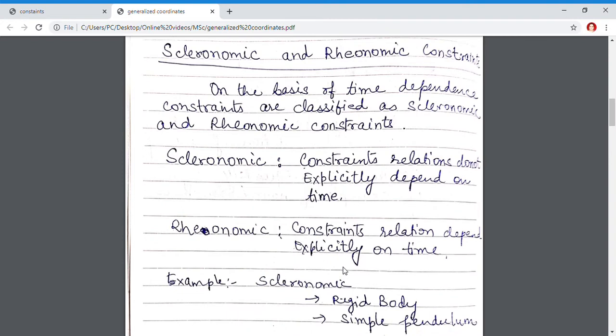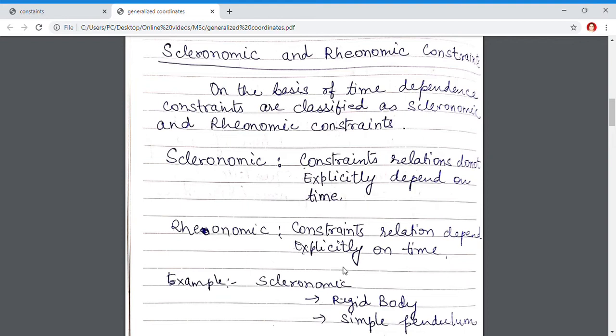Another example can be a pendulum. In a pendulum, the restriction is that the length of the bob from the point of suspension will always remain constant. This factor also does not depend upon time.